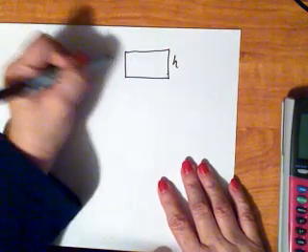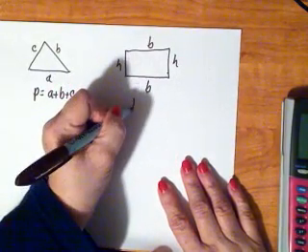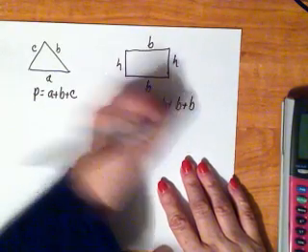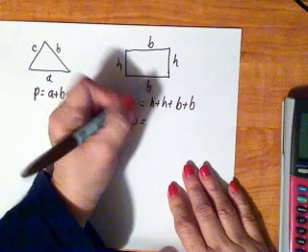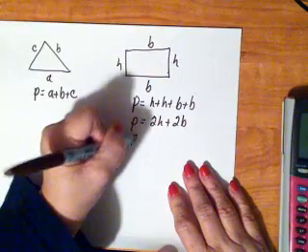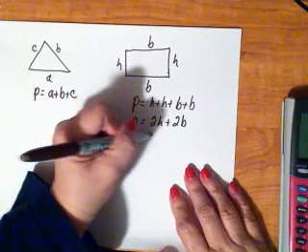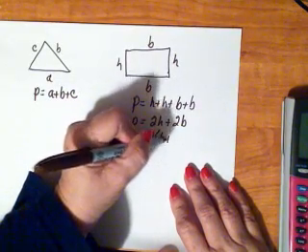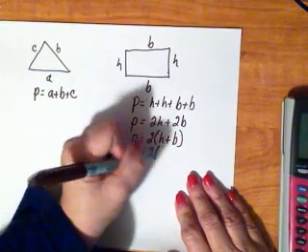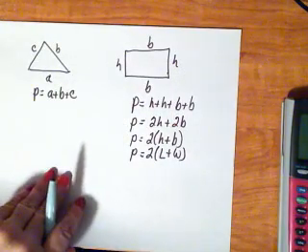So let's say this is H, this is H, this is B, this is B. So you have perimeter here is H plus B plus B. And if you look on the formula sheet, you will see that's like 2H plus 2B, or using the distributive property, you can factor out a 2, and it's 2 times the base plus the height, or more often than not, you'll see 2 times length plus width. It's the same exact thing.